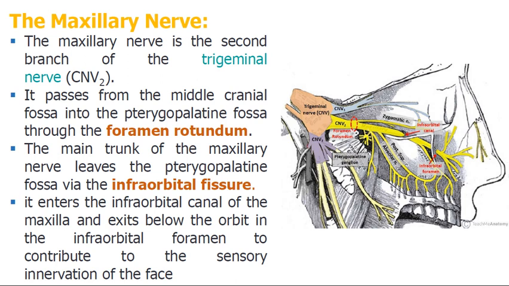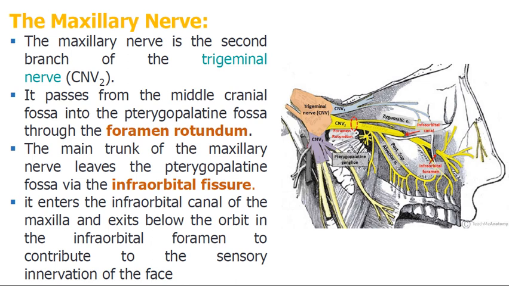So the main trunk of the nerve will leave the fossa via the infraorbital canal and foramen to reach the infraorbital foramen, and we can name it the infraorbital nerve, supplying sensory to the region of the face right here.